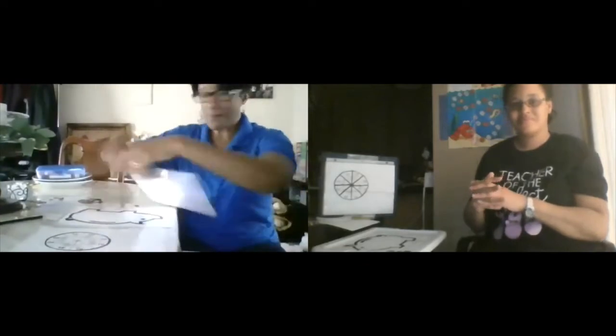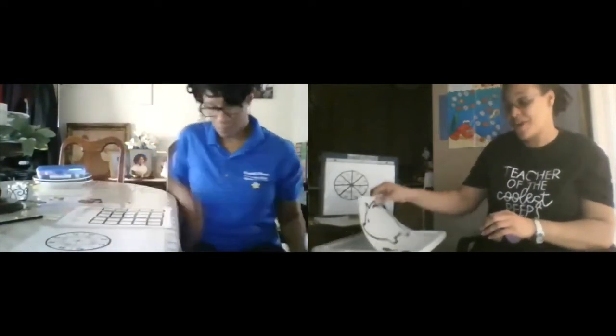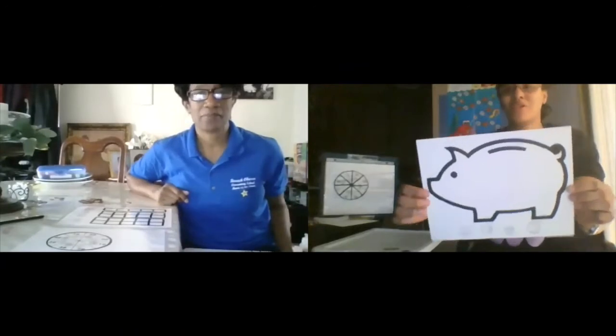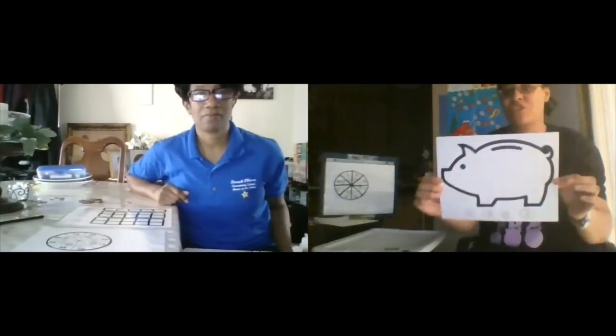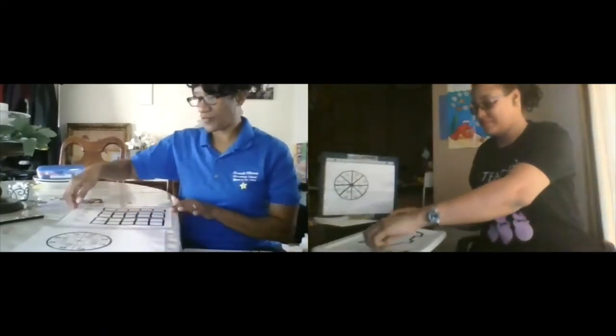Are we ready? If you don't want to use a 10 frame, Miss Cotton has the piggy bank, and it's also included in the file. You can also just draw a big giant circle so you have something to put your money in.